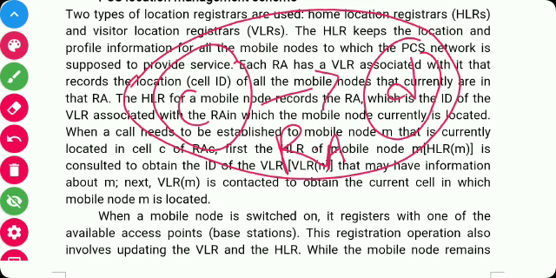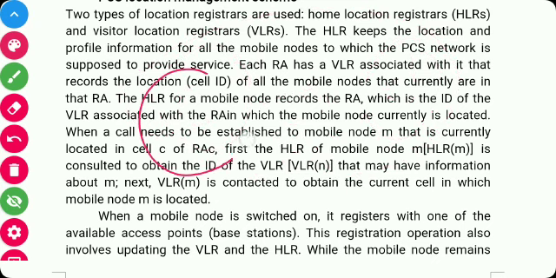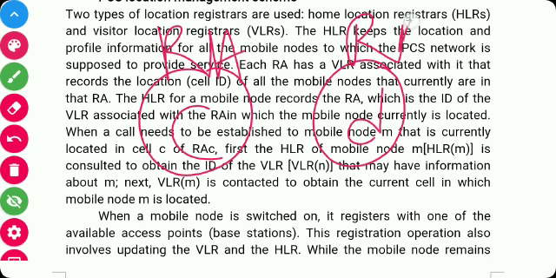The second case is when cell C and cell D are in different registration areas, that is RAC and RAD respectively. In this case two actions need to be taken.